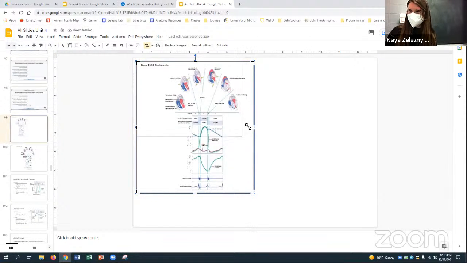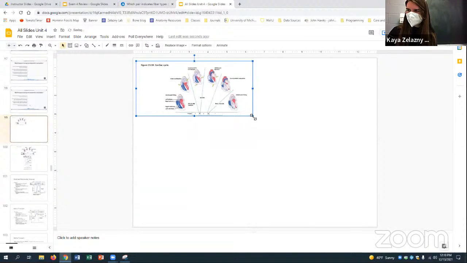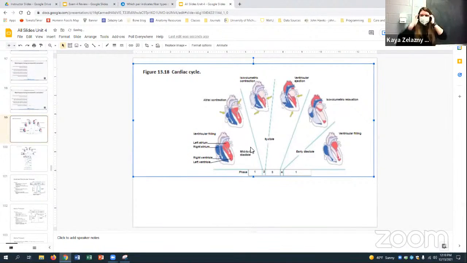No, that's fine. It's just we're not going to be able to see any of this stuff if it's not a bit bigger. I mean, we could just go through all those slides, but it'll be better this way.